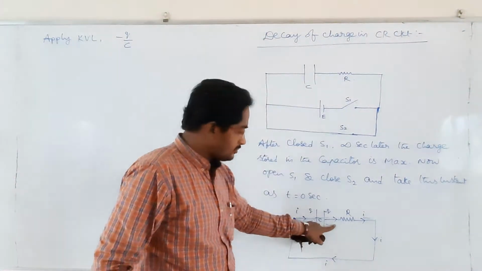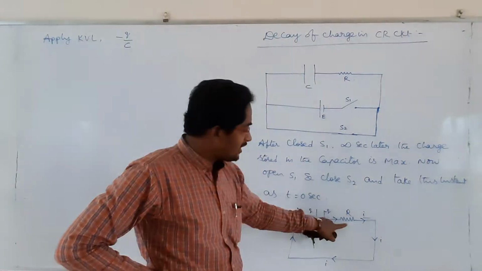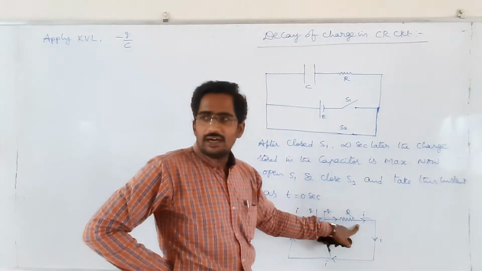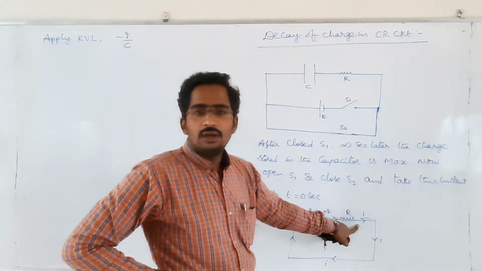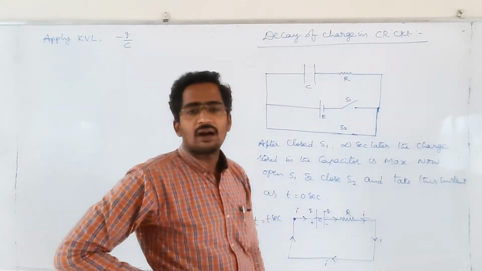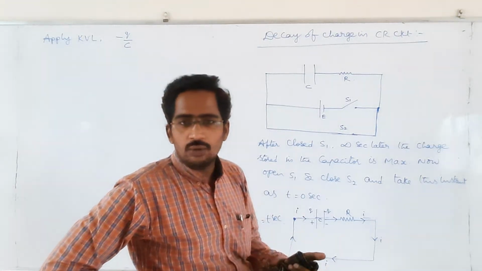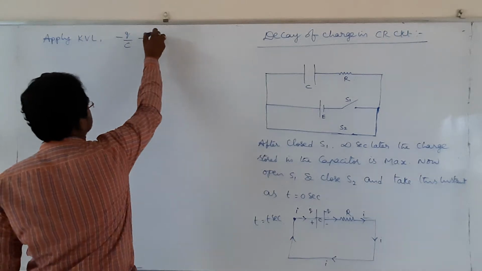And I am moving in this way. In my path, there is a resistor here, and through that the current flowing is I. Then the potential drop across the resistor is IR. Is it positive or negative? Negative, so we get minus IR.